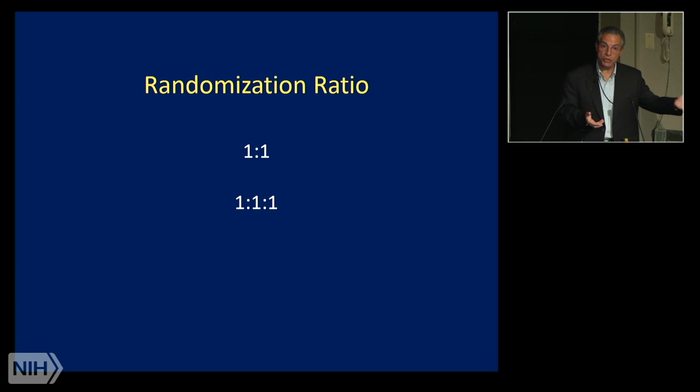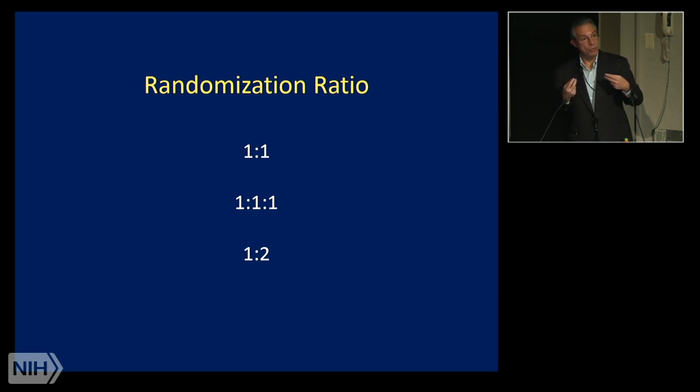So there was a 1/3 chance of going to A, 1/3 chance of being assigned B, and 1/3 chance of being assigned C. If you see a 1-to-2, that says you've got a clinical trial with 2 treatment groups, but the chance of being assigned to B is twice the chance of being assigned to A. So it's a 1/3 chance of being assigned to A, 2/3 chance of being assigned to B.